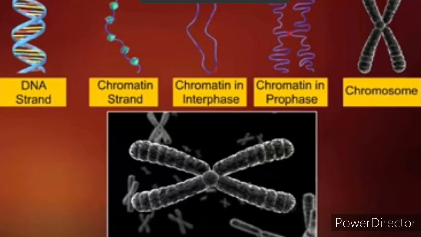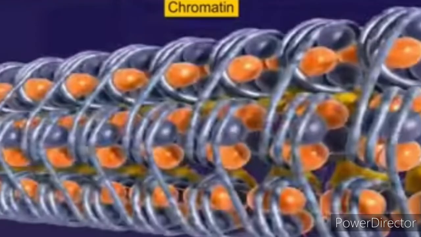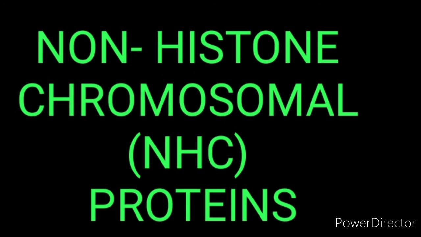The packaging of chromatin at a higher level requires an additional set of proteins, not the histone proteins, that are collectively called non-histone chromosomal proteins.